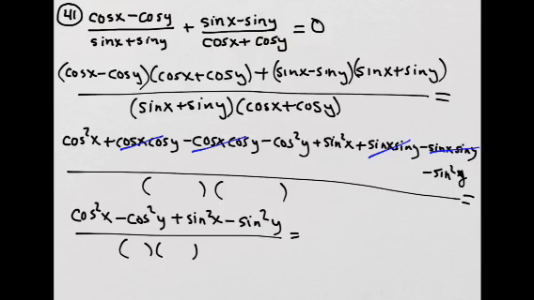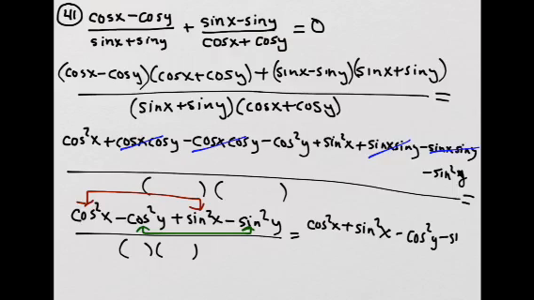So notice, and I'm gonna draw lines. If I get these together and I get these together, for the first one, it's gonna be cosine squared x plus sine squared x. The other one's going to be minus cosine squared y minus sine squared y.